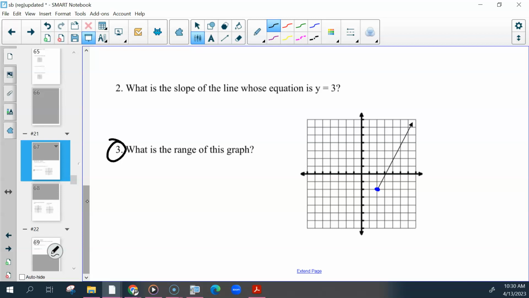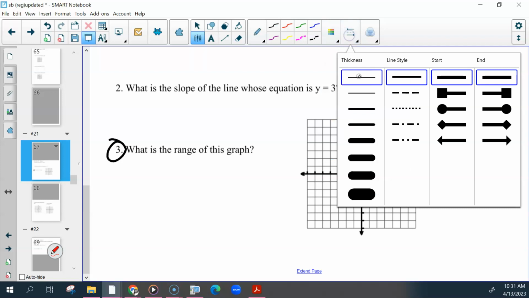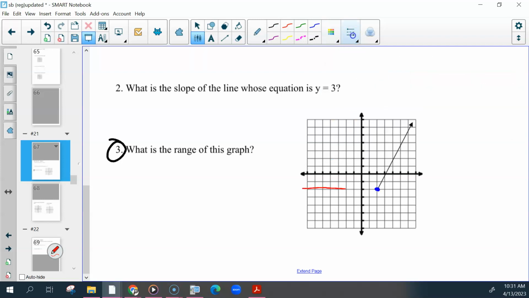So then range, we're looking lowest to highest. Lowest would be -2. And then as we follow the line, it keeps going up and up forever.